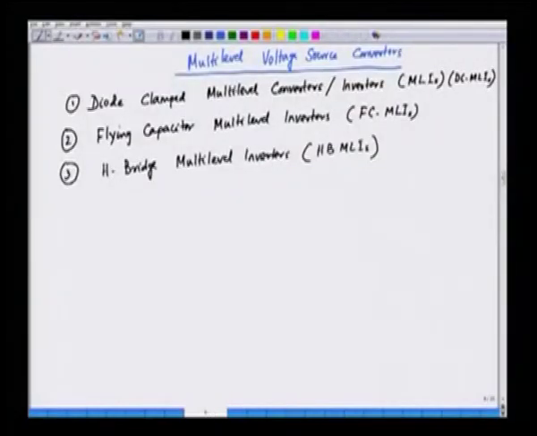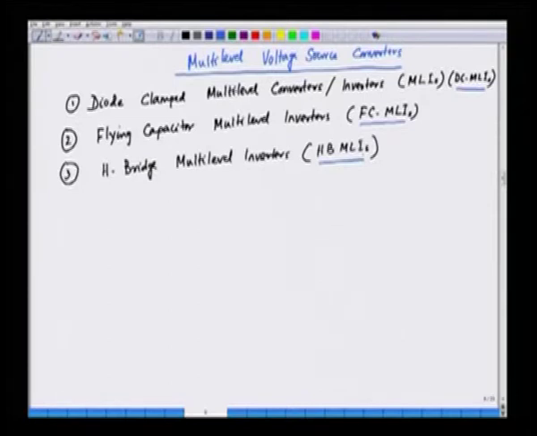So, we have already seen that multi-level inverters can be broadly classified into 3 different categories: the diode clamp multi-level inverter or DC MLI, the flying capacitor multi-level inverter or FC MLI, and the cascaded H-bridge multi-level inverter or HB MLI.